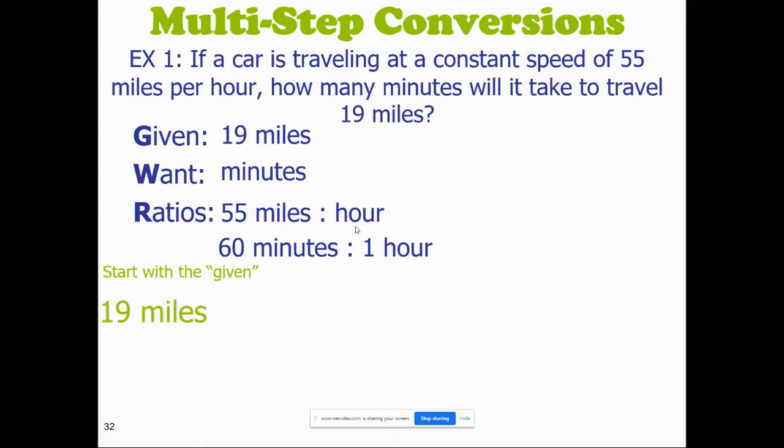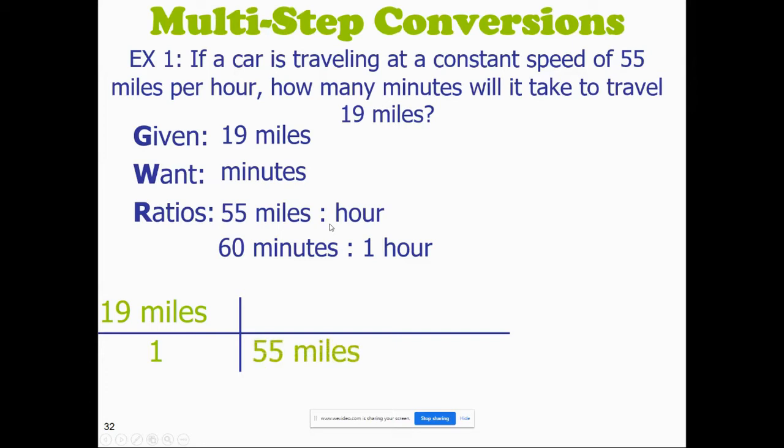Okay, so start with given, like we did yesterday. 19 miles, put it over 1. We want miles to cancel out. The only thing we have that has miles in our ratios is this guy right up here. So we're going to put the 55 miles on the bottom, and we're going to put the 1 hour on top.